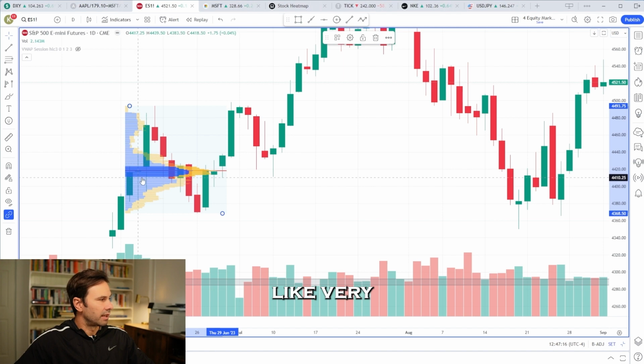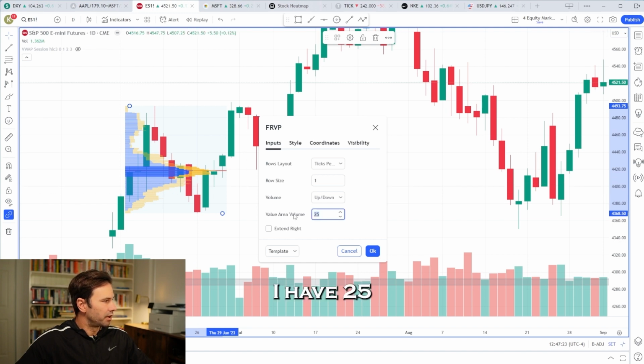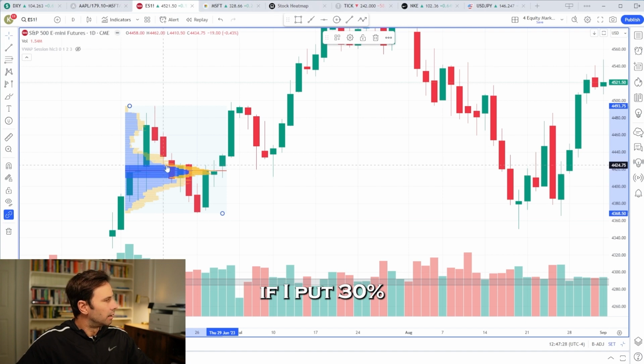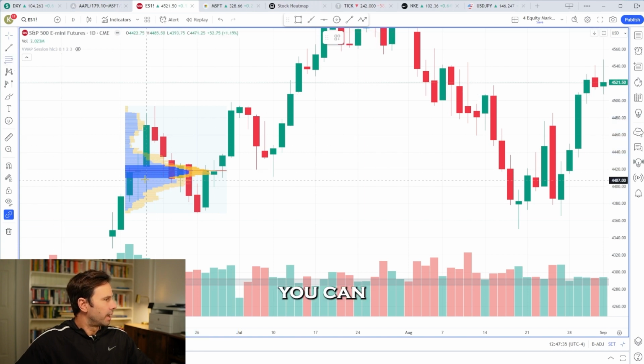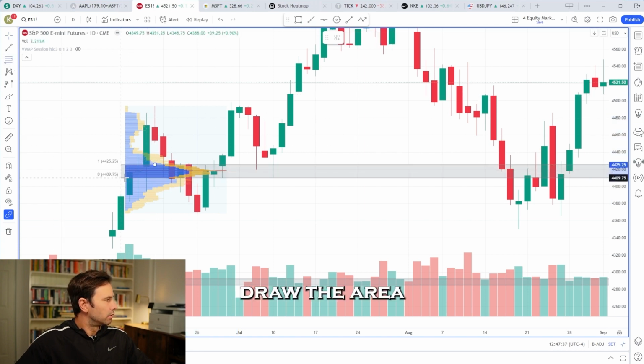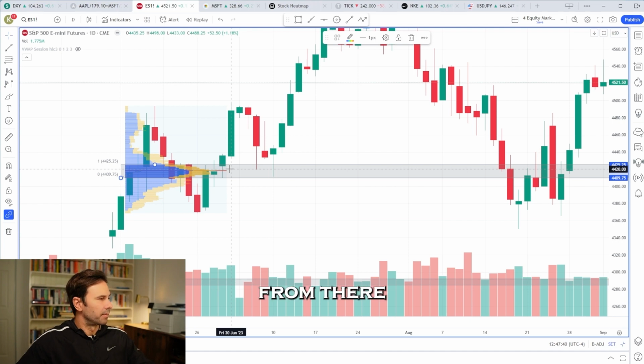You see a very similar highlighted area to Ninja. Same thing, you can change parameters here. I have 25, but if I put 30%, you don't see major changes, but there were some changes, okay? And then you can draw the area and start from there, okay?